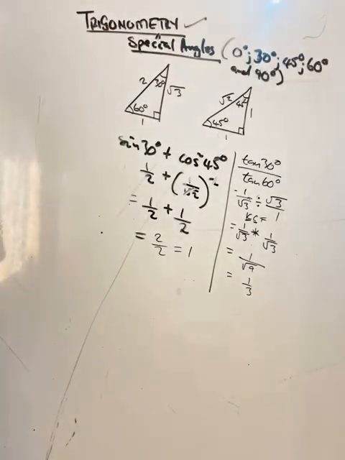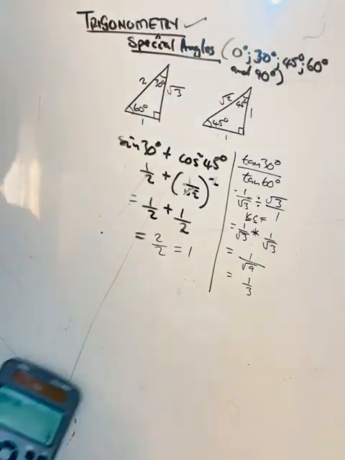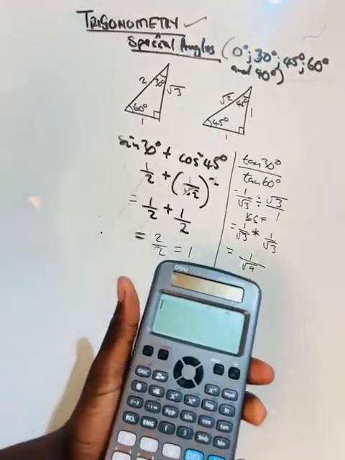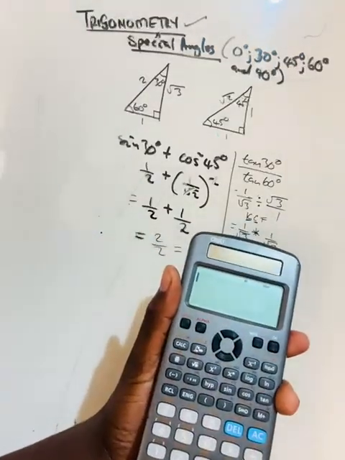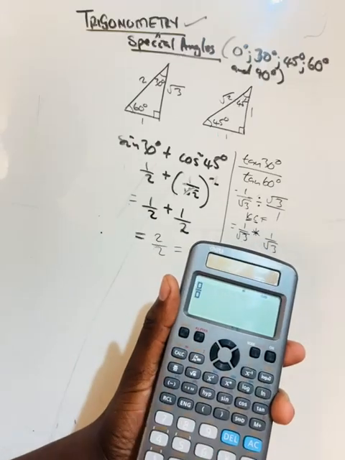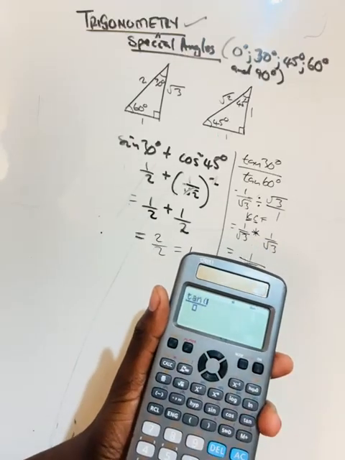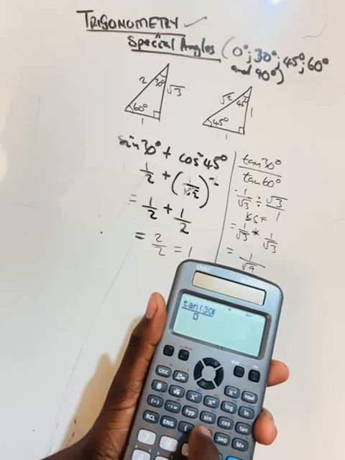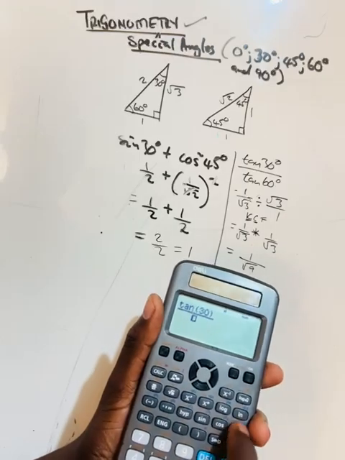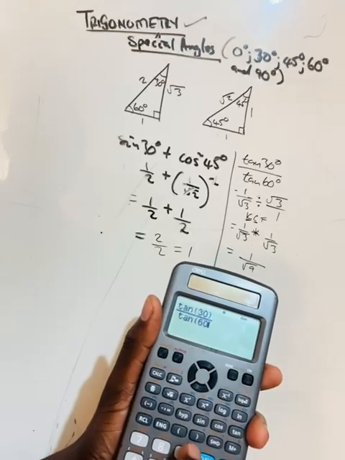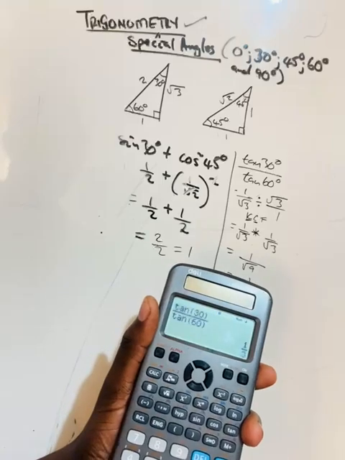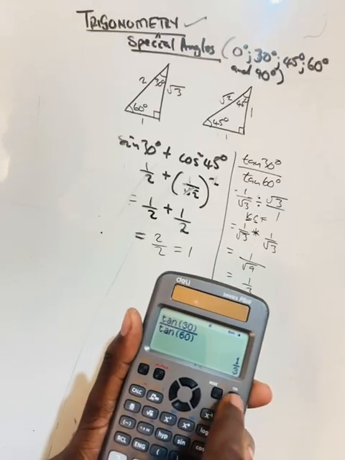Let's just verify with the calculator whether what we've done is correct. So when we do that, we have tan 30 degrees, close bracket, over tan 60 degrees, which equals 1 over 3.